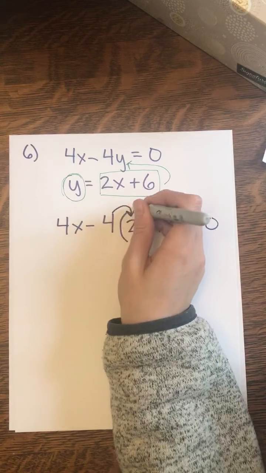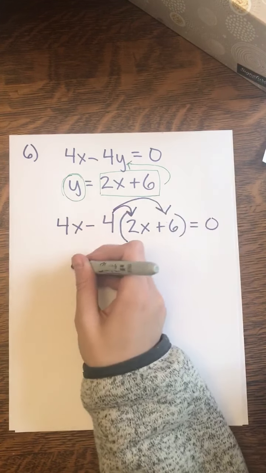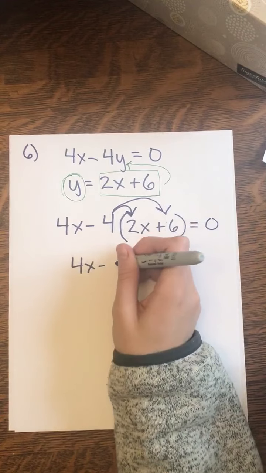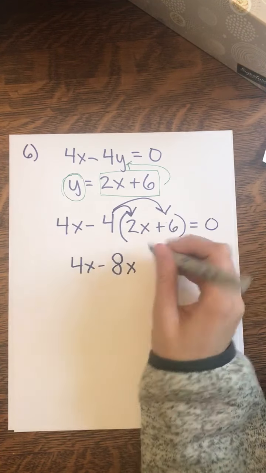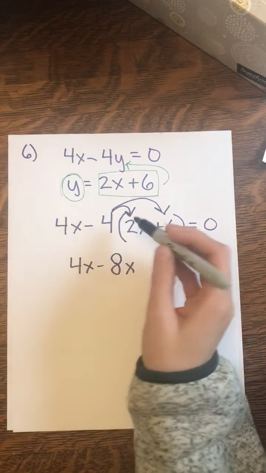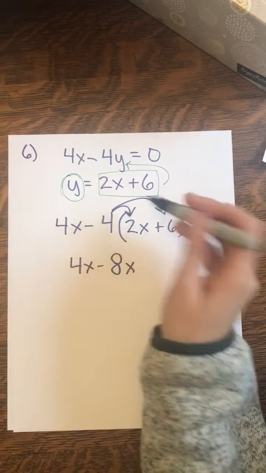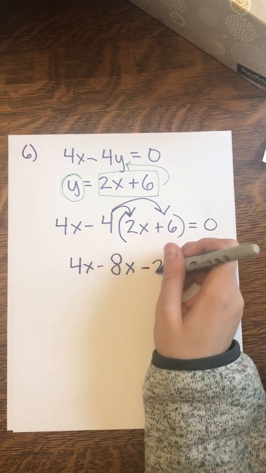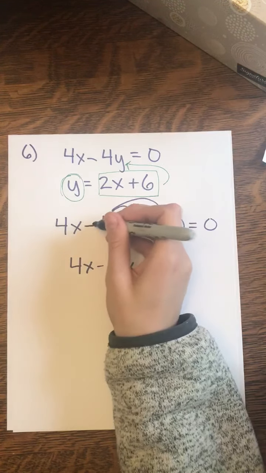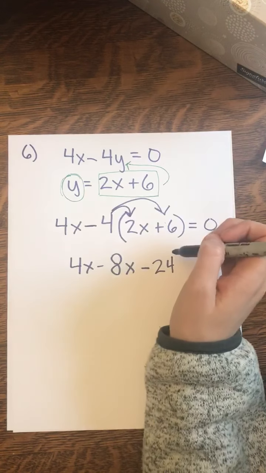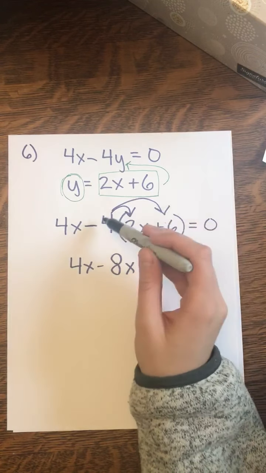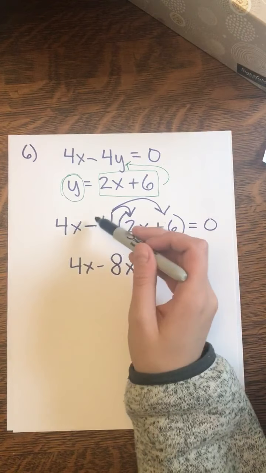So let me distribute the 4 to both the terms, and I get 4x minus 8x, it's a negative 4, so minus 24. Remember, we distribute the minus 4 to both the 2x and the 6. We don't just distribute the 4, we distribute the negative 4.